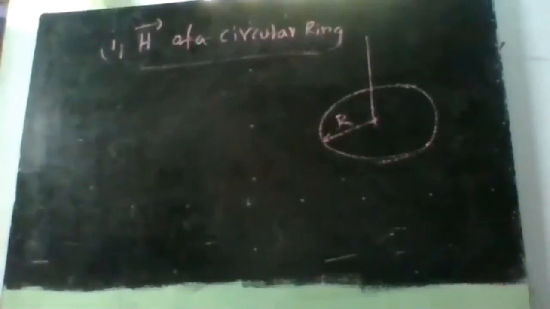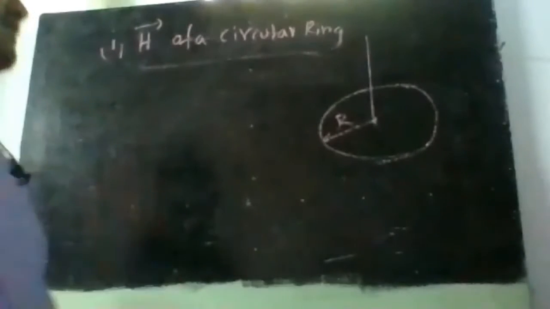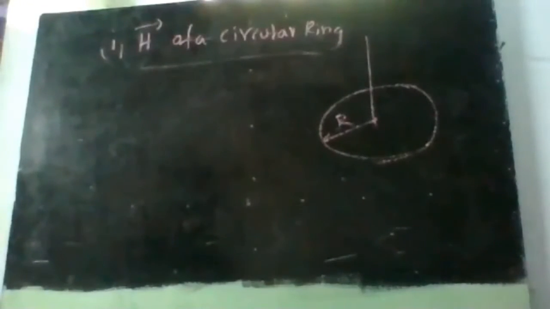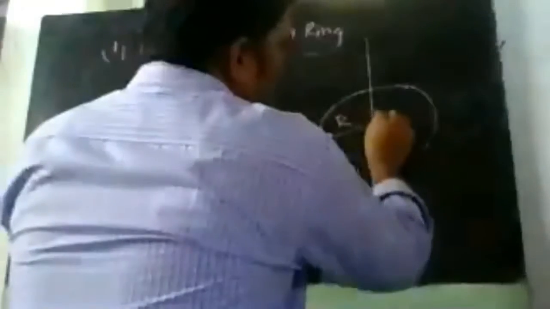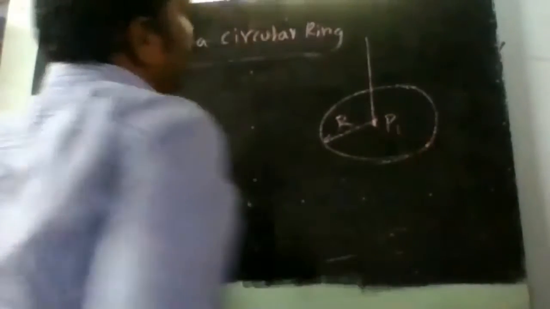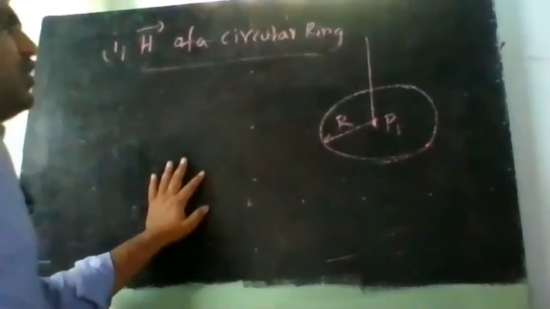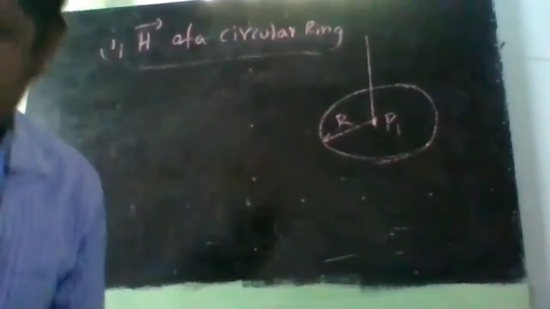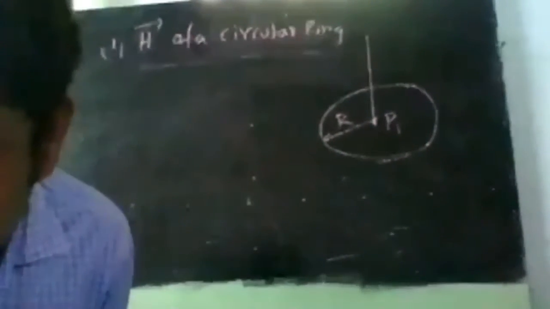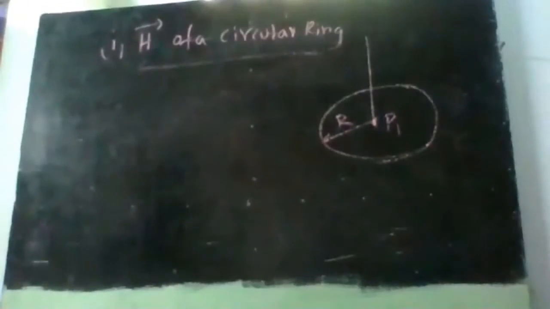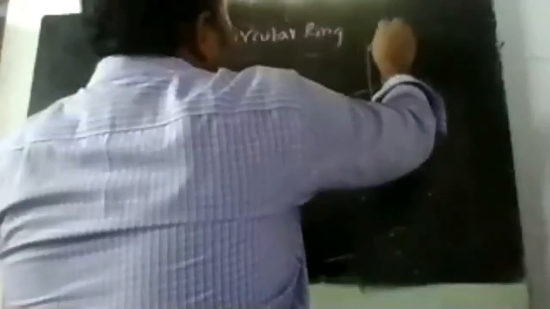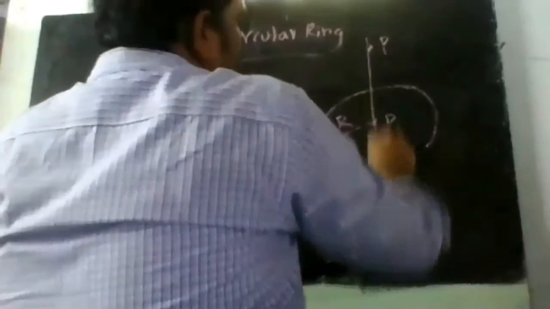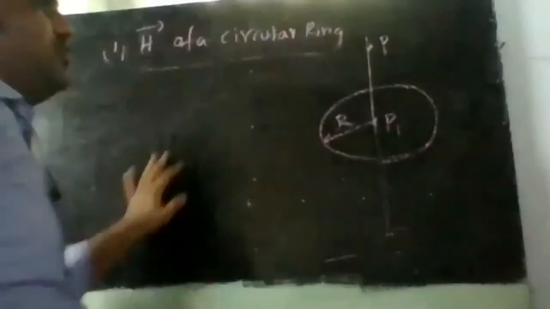So we have two cases here. First, if the point is present at the center, what is the field intensity at the center of the ring? Second, if the point is present on the axis, the center axis passing through the center.